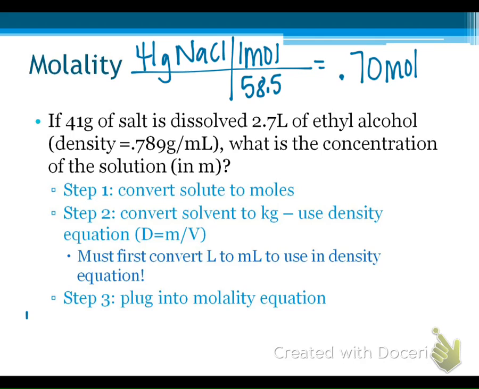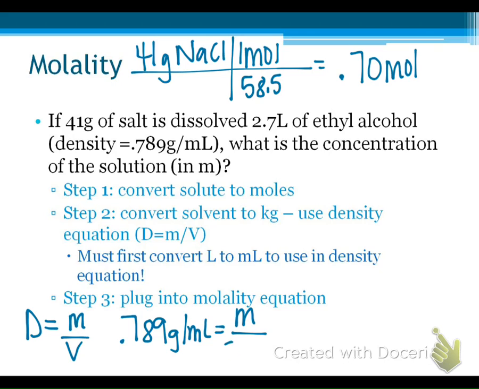Okay, so we're going to use our equation D equals m over v. We were given our density value and we were given our volume, and we're trying to find the mass here. We want to find out how many grams of this solvent we have. So the density is 0.789 grams per milliliter, and we're going to solve for our mass.